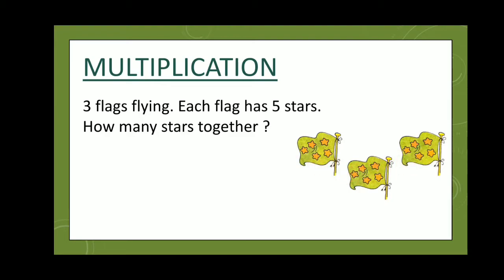And each flag has 5 stars, as you can see in this picture. It says that there are 3 sets of 5, 3 sets of flags which have 5 stars on them.